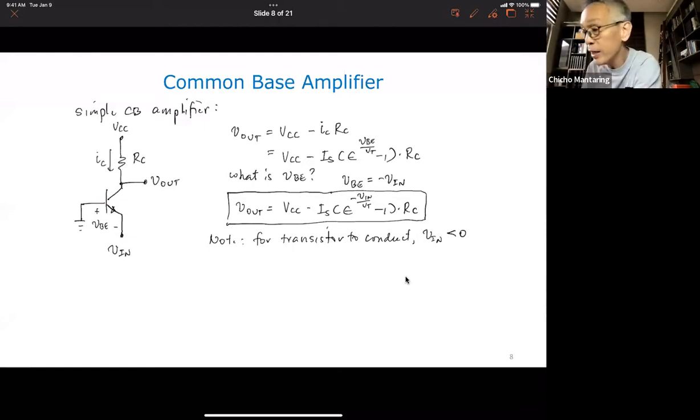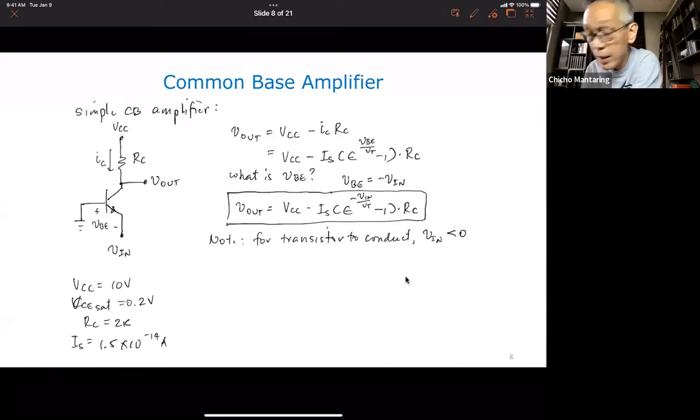Okay, so ulitin natin, no? Let's say this is the same transistor as the previous example. So VCC is equal to 10 volts. VCE SAT is equal to 0.2 volts. Ano nga ba? RC is equal to 2K. IS is equal to 1.5 times 10 to the minus 14 amperes. And then we said that VT is equal to 26 millivolts.